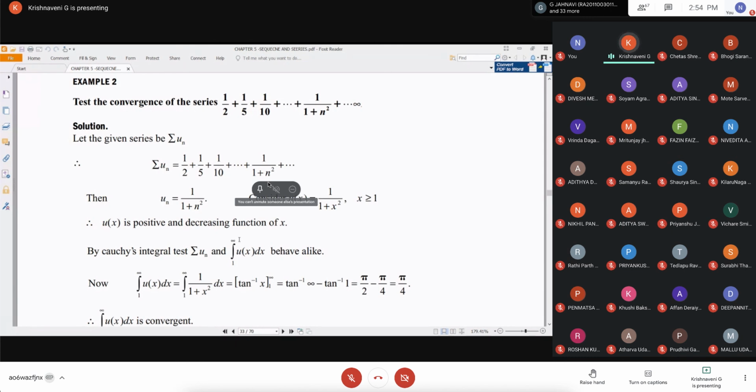Now see here, for x greater than or equal to 1, u of x is a non-negative monotonic decreasing function of x such that u of n is equal to un.